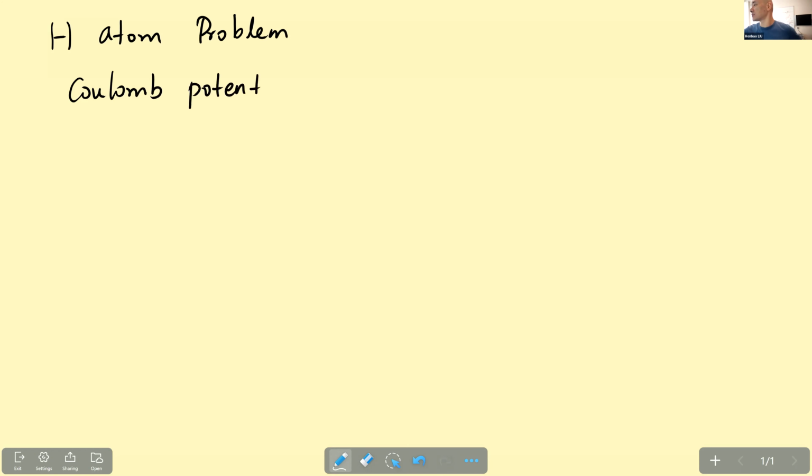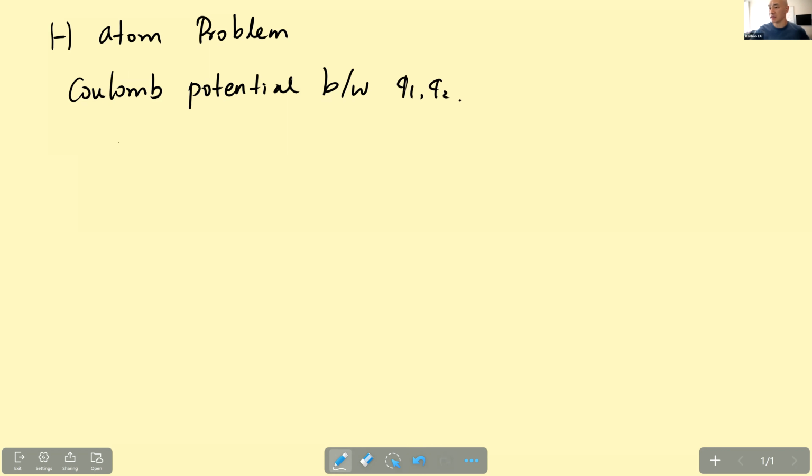Okay. So now today we're going to consider this hydrogen atom problem. And in this case, of course, suppose we have the Coulomb interaction, right? So we have a Coulomb potential between two charges, say Q1 and Q2, for example.